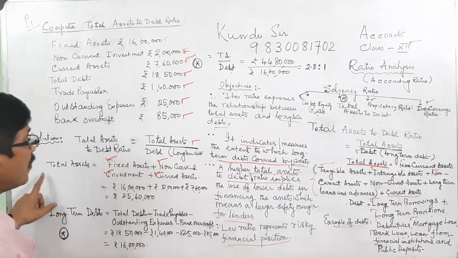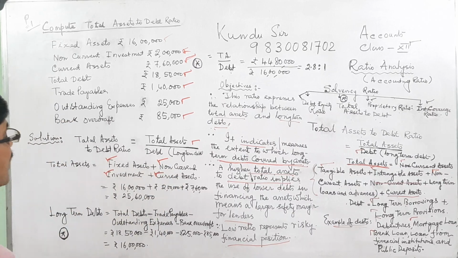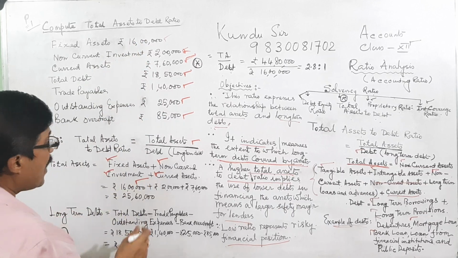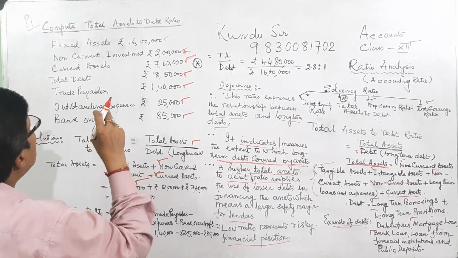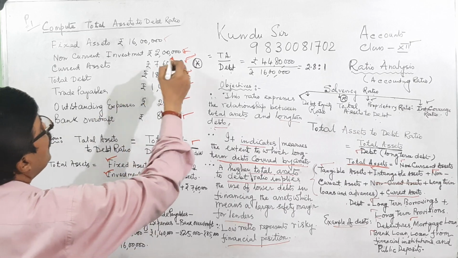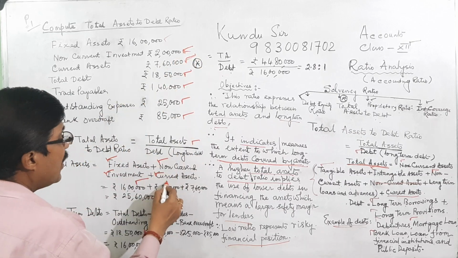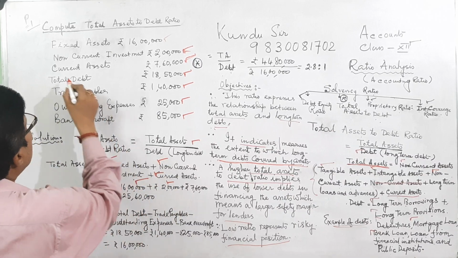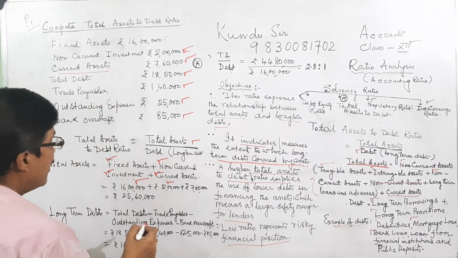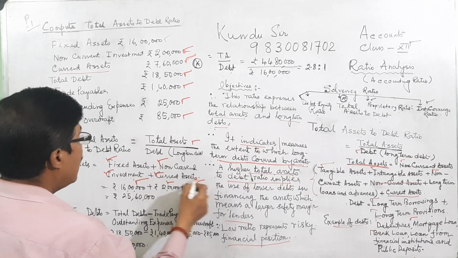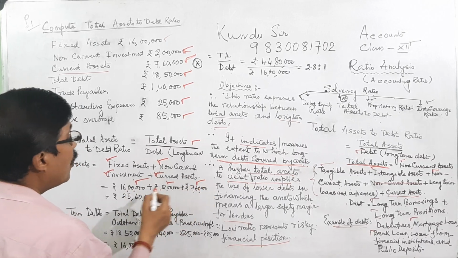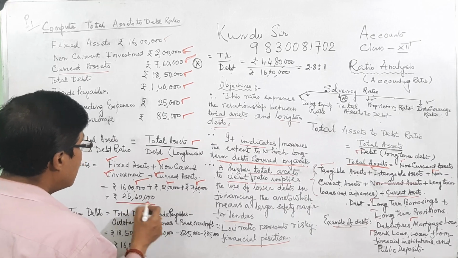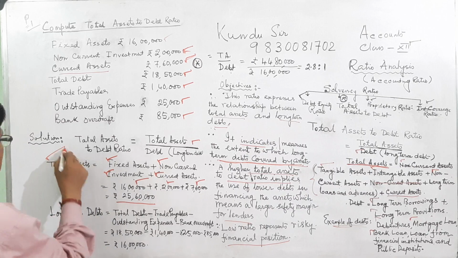Here total fixed asset equals 16 lakh, thereafter other non-current asset equals 2 lakh. Therefore investment, that means current asset, 7,60,000. Then we are getting 25 lakhs 60,000 as the total asset.